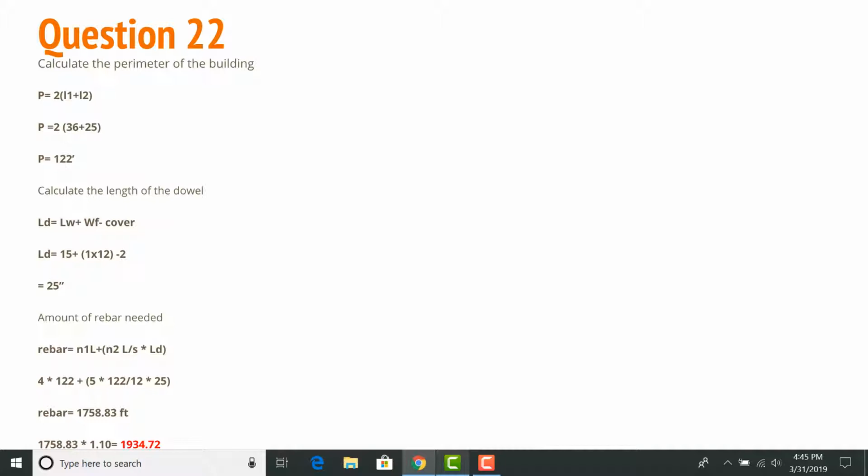Then I added the 10% waste factor by multiplying your answer by 1.10, and we get 1,934.2 feet of rebar.